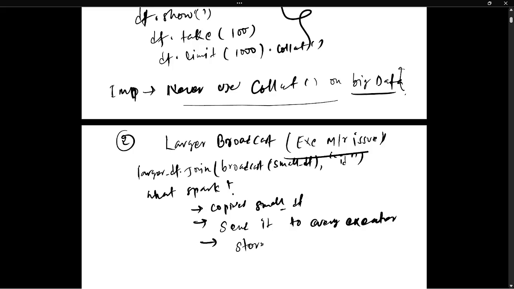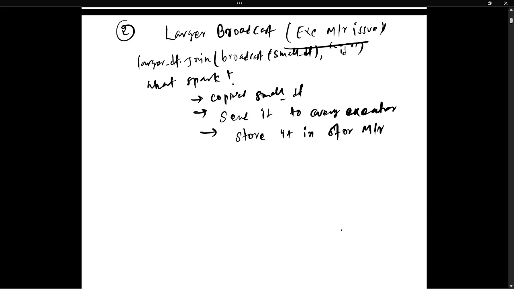So it does three things: copy the small df, send it to every executor, and store it in storage memory. So what is the problem?